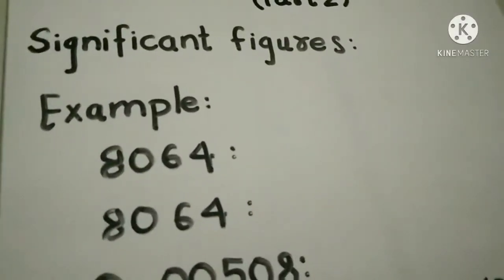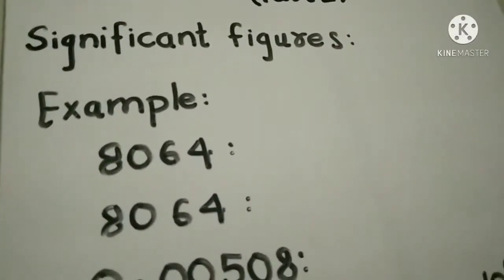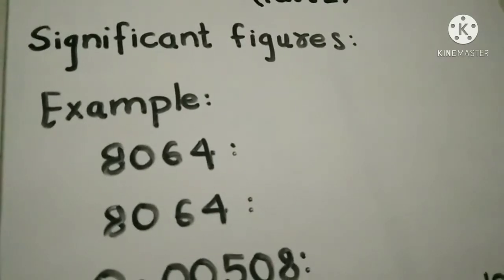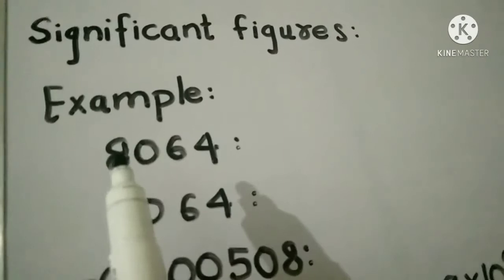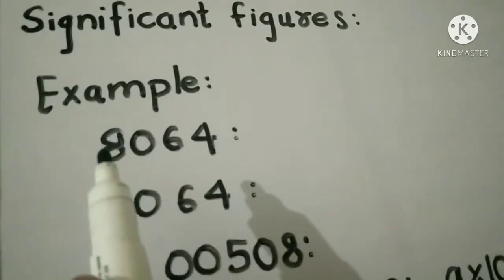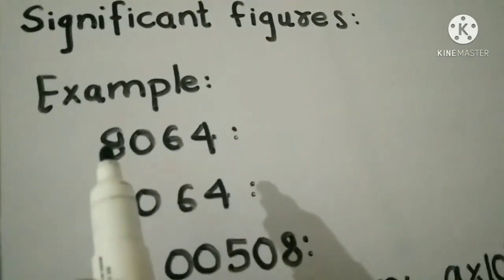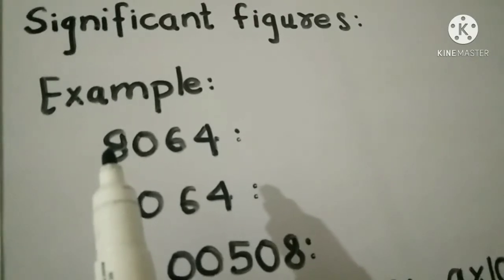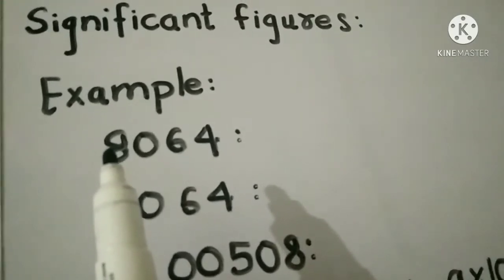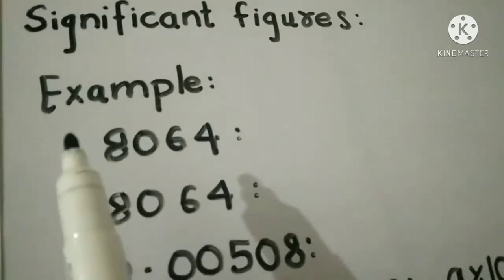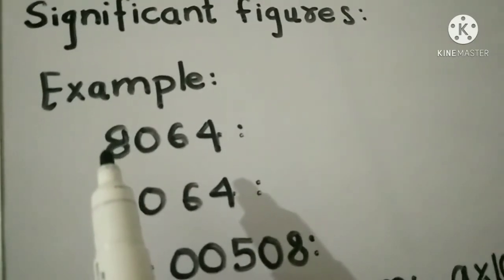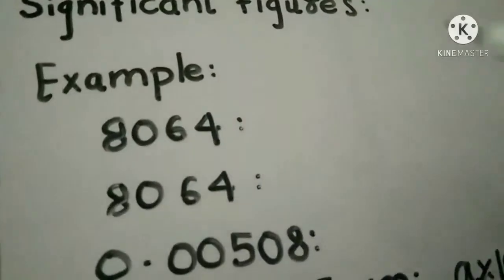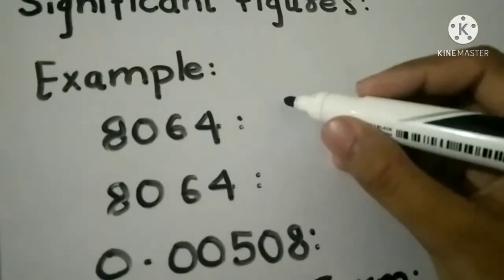For significant figures, we have to check the first non-zero number from the left side. The first non-zero number is 8. If they ask you to round off to one significant figure, then we have to check from the left side the first non-zero number and then round off the number for that.